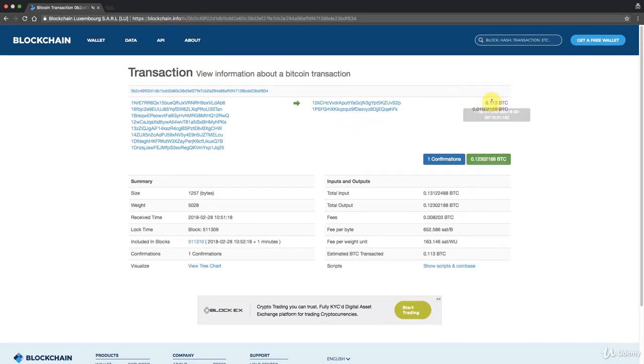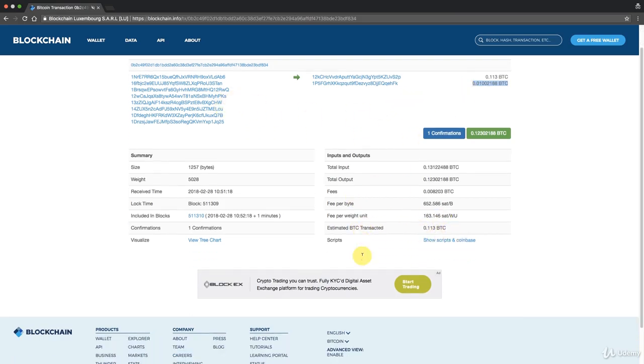Because if you're sending your money back to yourself, if for instance one of these transactions is money going back to yourself, the change, then it won't be included in this amount. So that's what they're estimating. Oh, no, actually, sorry, that's the total, this amount, estimated BTC transacted. So that's the total. So you can see there that they are estimating that the payment was actually 0.113, and then this is probably the amount that went back to the person themselves.